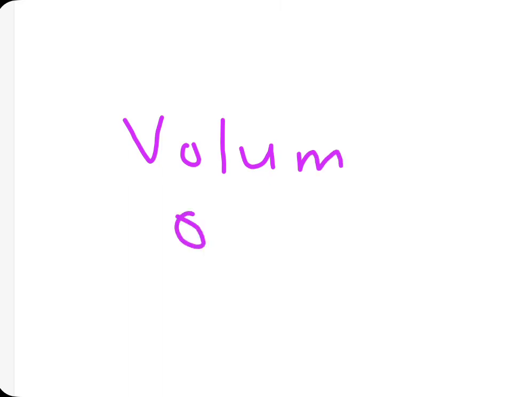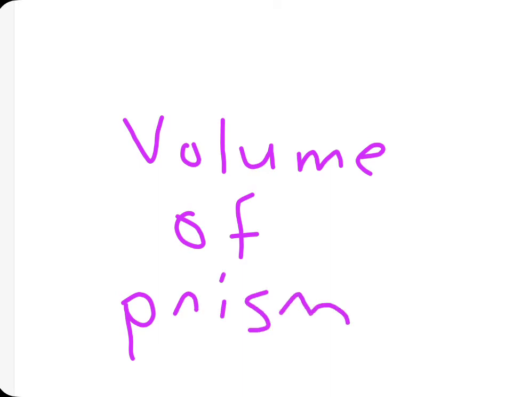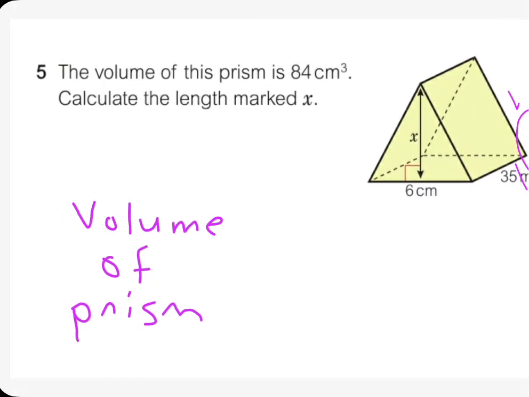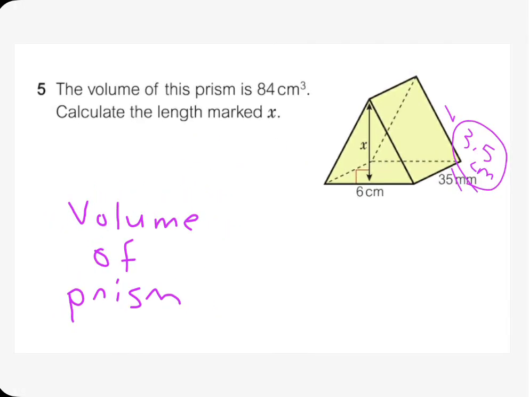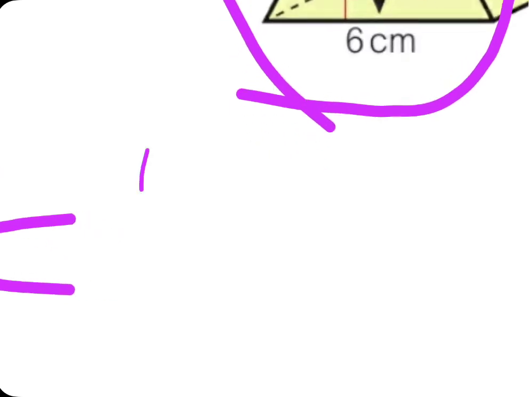We're going to say volume of prism equals what? Volume of prism equals area of cross-section multiplied by the length.